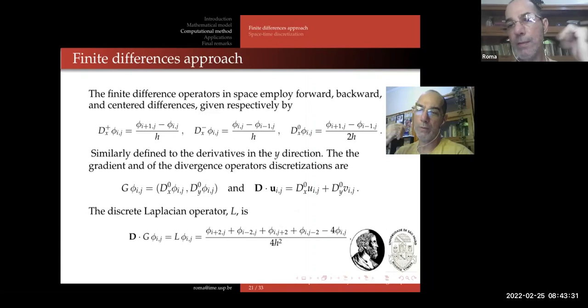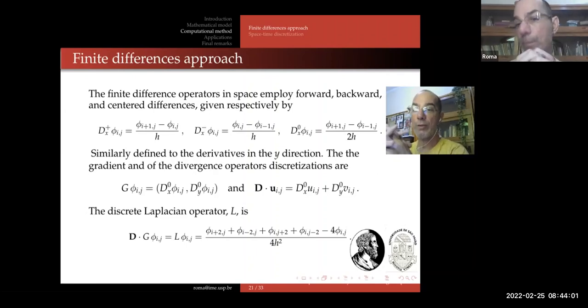I just fix a finite distance and compute this finite relation. I do that in the directions that I need, the x direction, y direction, in time, so I approximate differentiation by finite differences. And then I have an algebraic set of equations to solve in the computer.